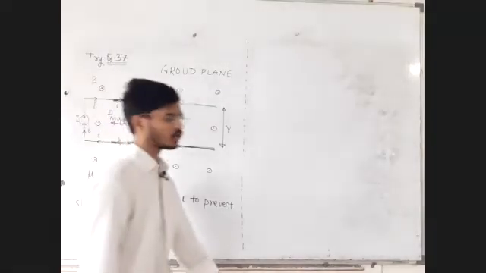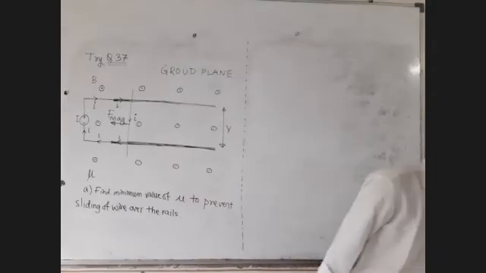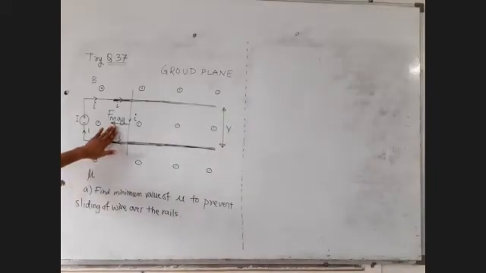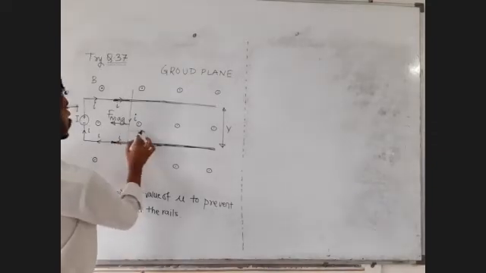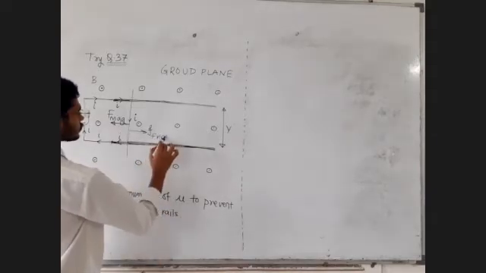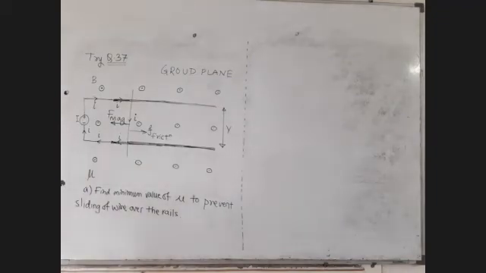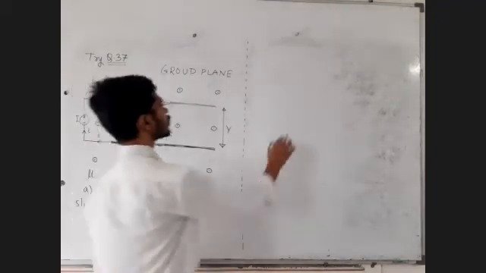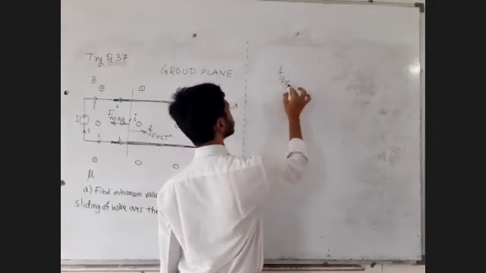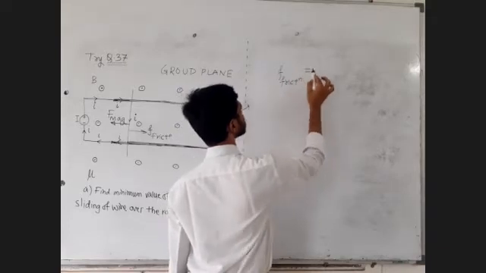Now to prevent the sliding of the wire, the friction has to produce at least this force. The frictional force will oppose the sliding of the wire.